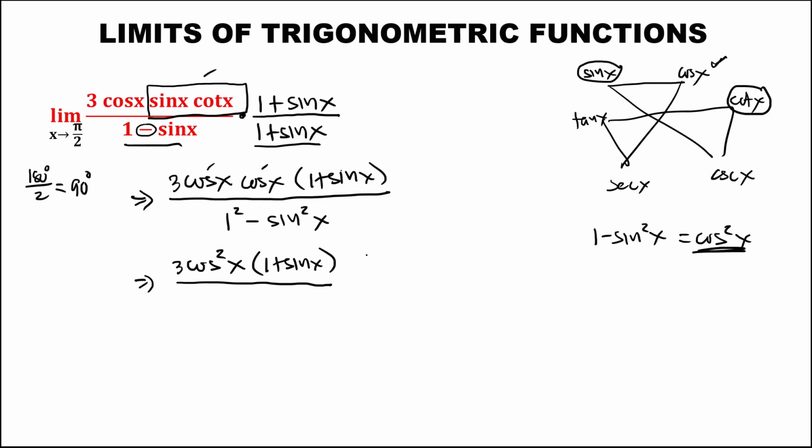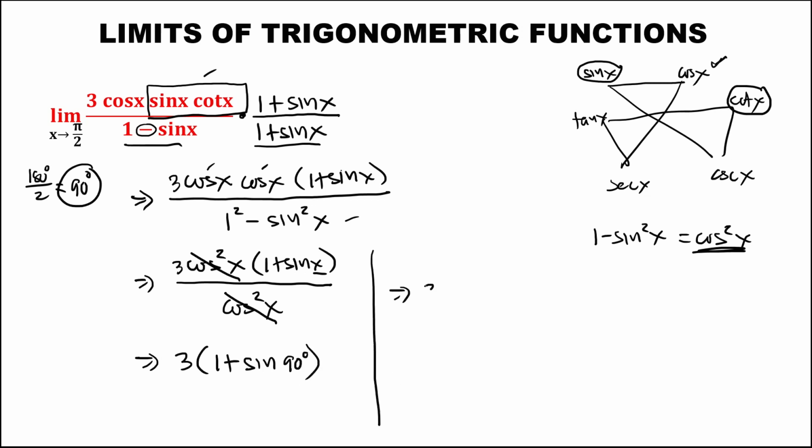So this denominator becomes cosine squared x. Then to simplify, we can cancel this cosine squared x. So the remaining is 3 times 1 plus sine x, and x as an angle is 90 degrees. Then we have 3 times 1 plus sine 90 degrees, that's 1. So therefore, the limit is equal to positive 6.